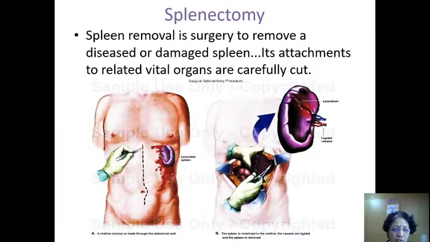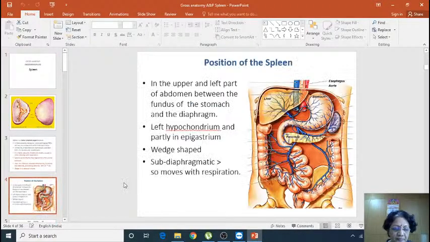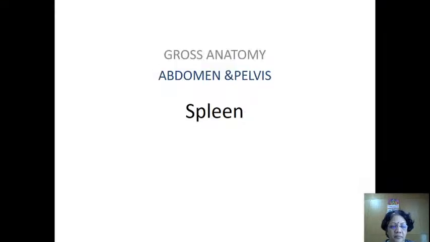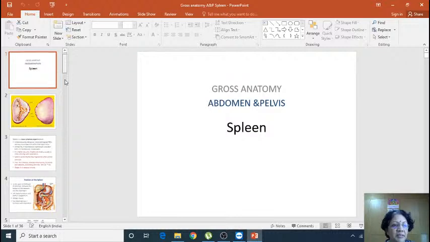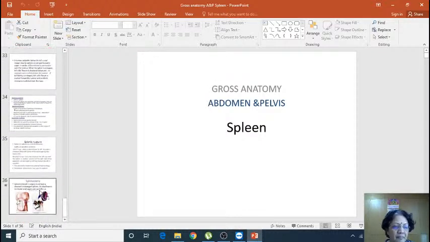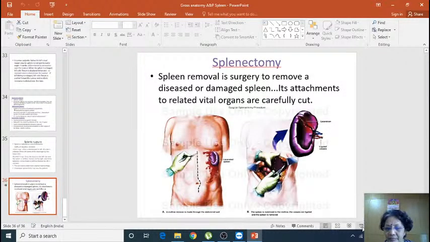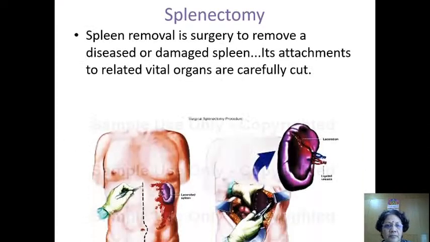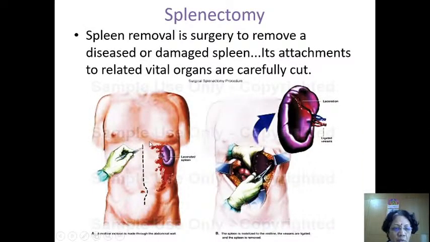What do we have to do? We have to open the abdominal wall through a supraumbilical, usually a midline incision.